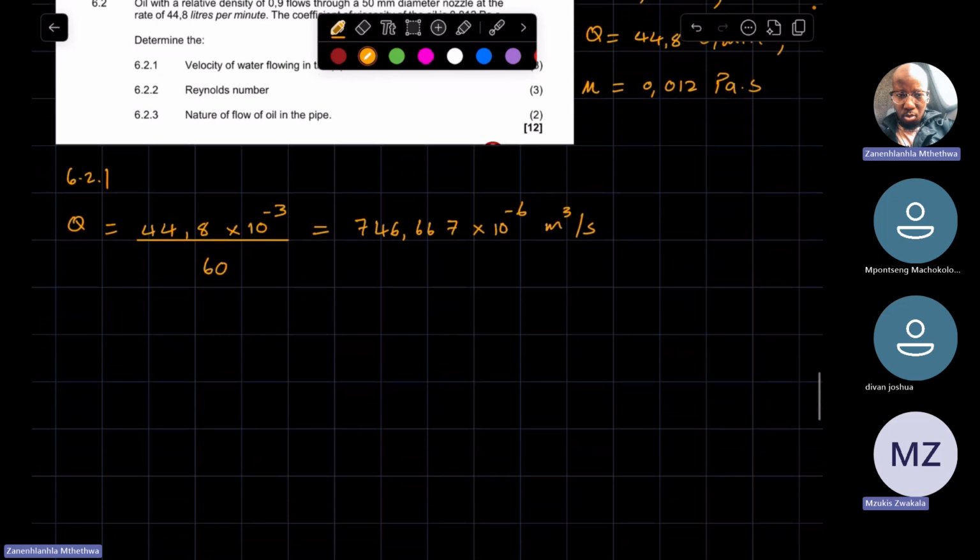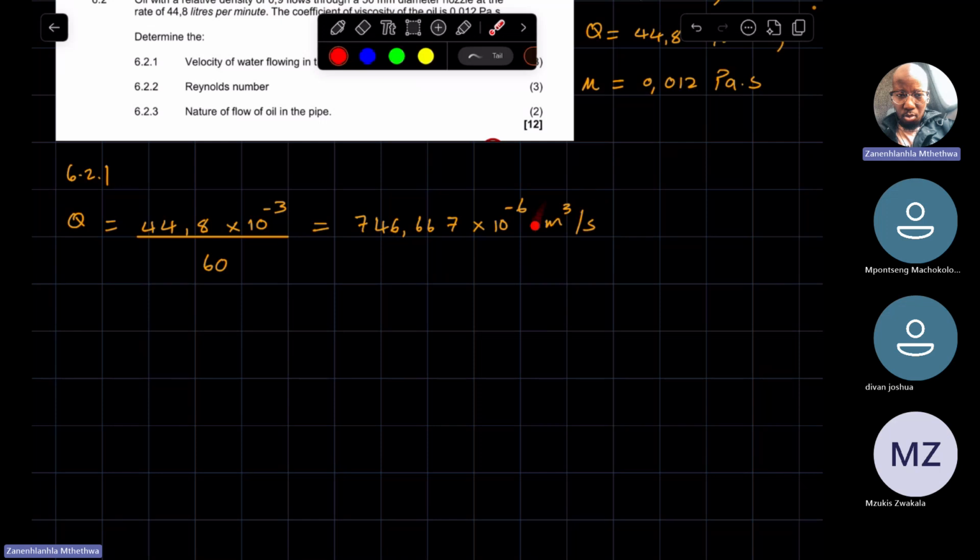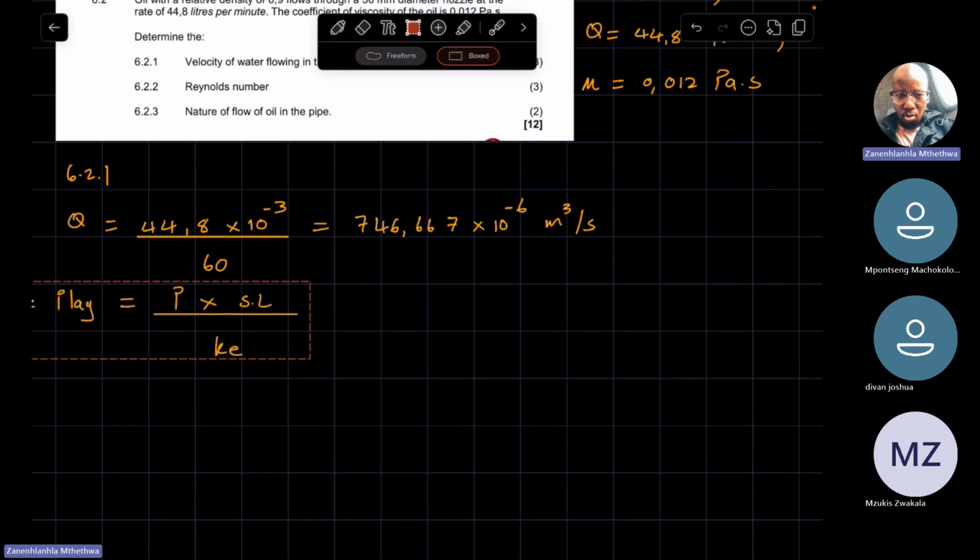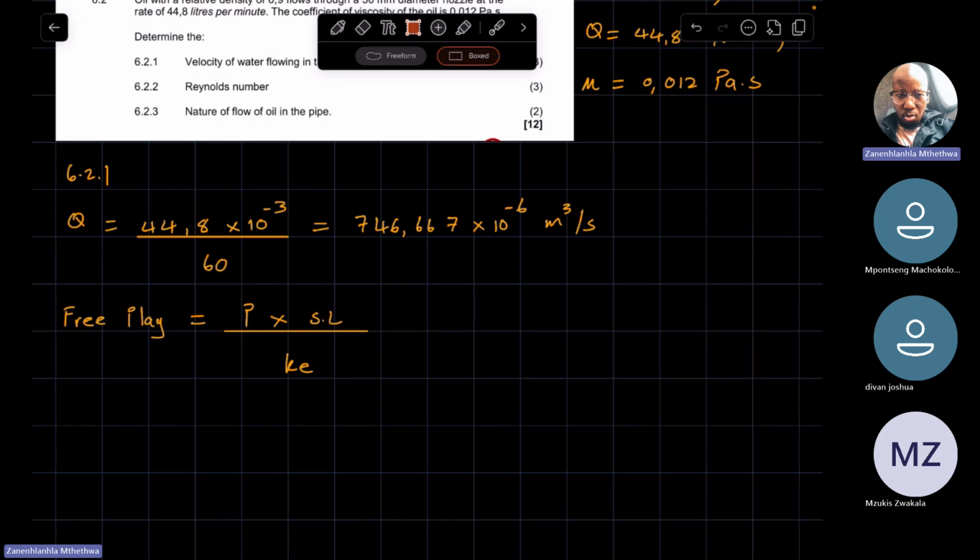Right. So this is Q, our flow rate in cubic meters per second. Now we can calculate our velocity.